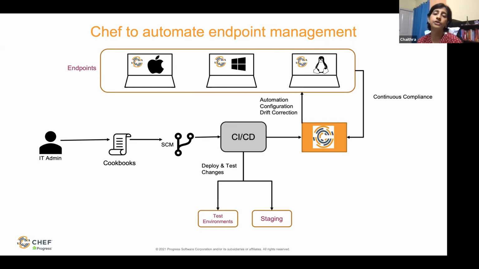Since you have your Chef client deployed on all your laptops, these would pull the configurations that are pushed to the Chef server, and then it would take care of all the drift correction and perform all the automation. You could also achieve continuous compliance with Chef's compliance capabilities. And one more thing is you can use a single cookbook to configure your machines of Mac, Windows, and Linux.